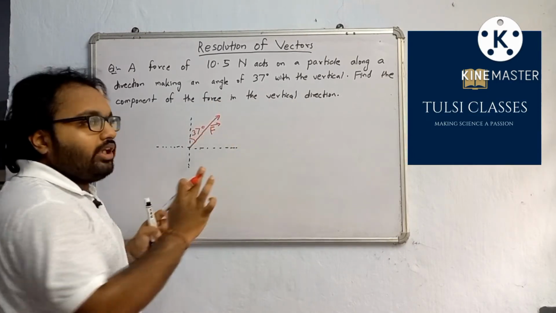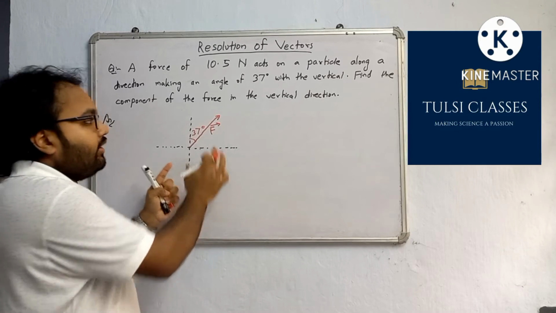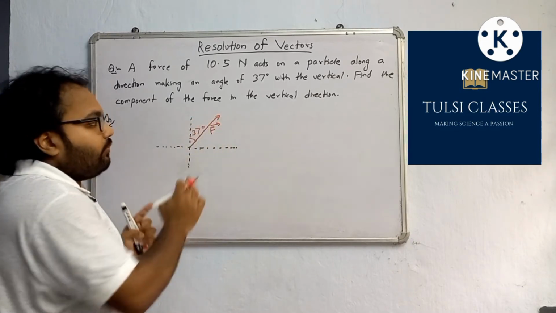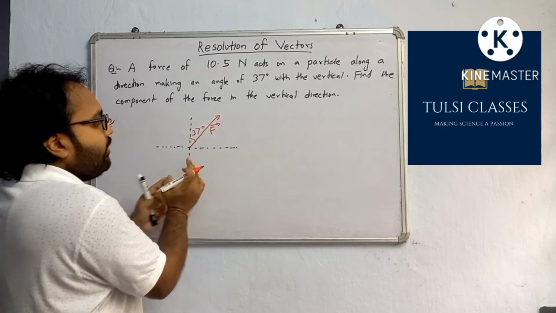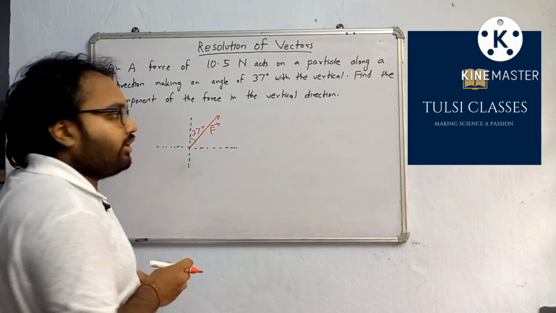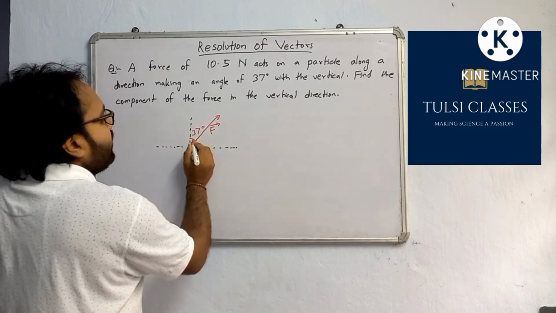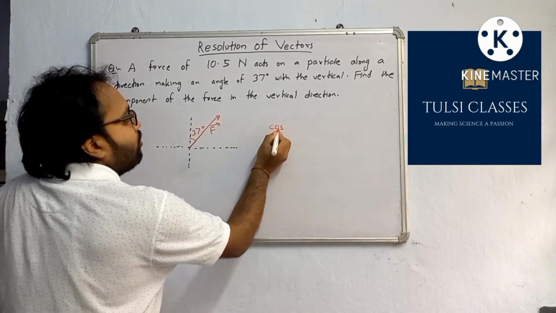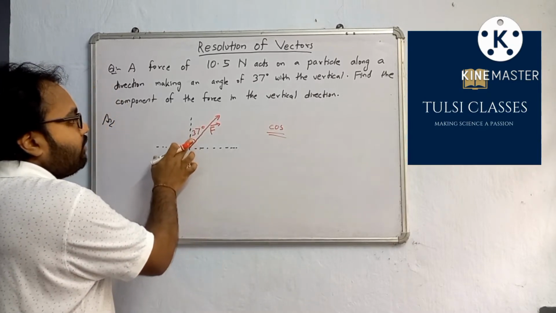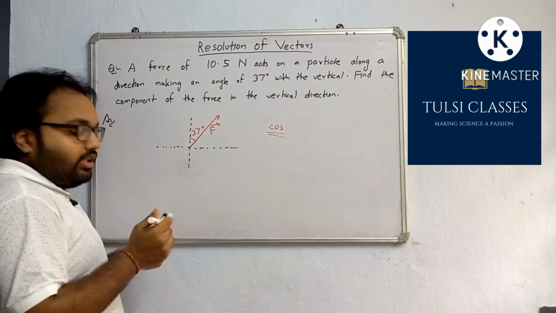Each and every vector can be resolved in any direction. Either we can resolve it in x and y directions, or if needed in 3 directions, then x, y and z axes can be taken. Just keep one thing in mind: we have to take the cosine of the angle which the vector makes with the direction along which we have to find its component.